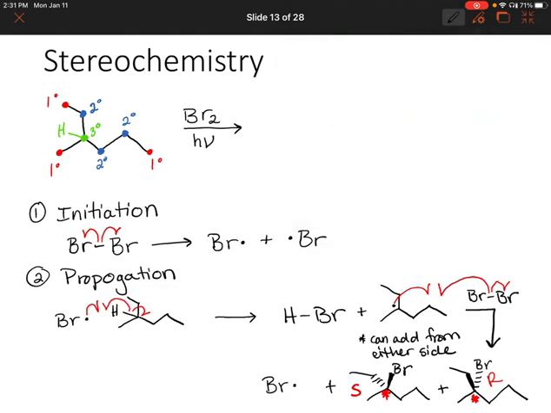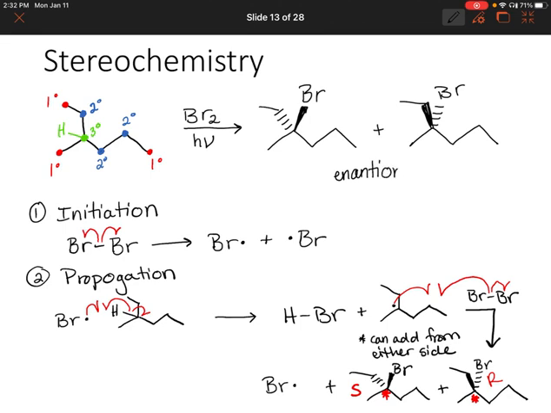So let's actually redraw these products up above just so we can see them a bit more clearly. Okay, so these are enantiomers, and we will see a racemic mixture, so there will be a 50-50 mixture of these two enantiomers.